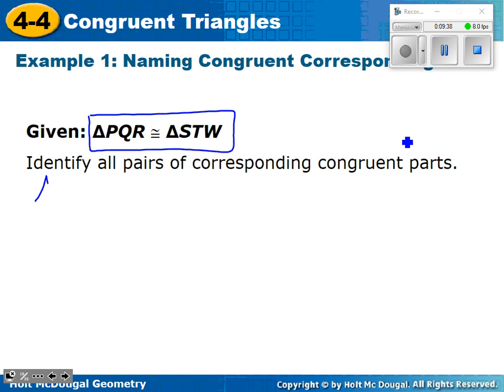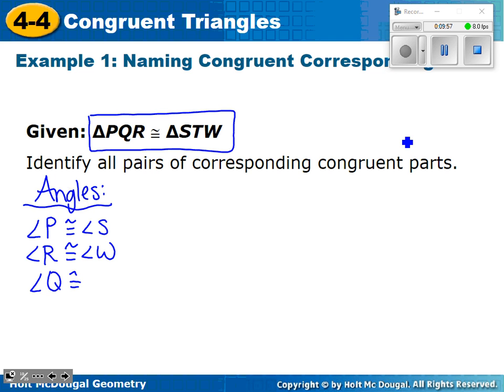Let's start with the angles. Can somebody give me one pair of angles that are congruent? Okay, so angle P is congruent to angle S. Somebody else? Angle R is congruent to angle W. And what's the one we're missing? Angle Q is congruent to angle T. Anybody lost on how I knew those?